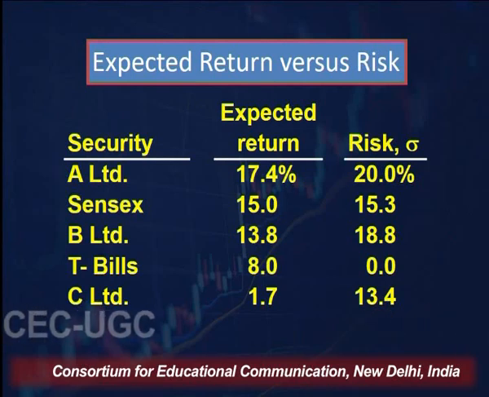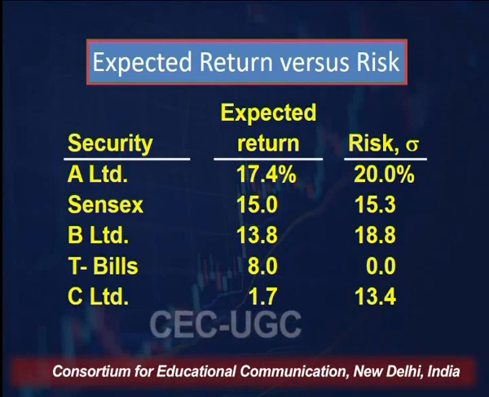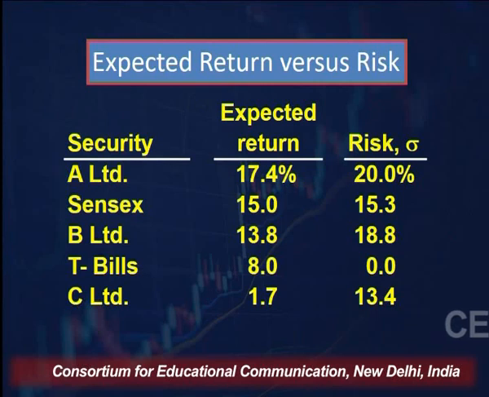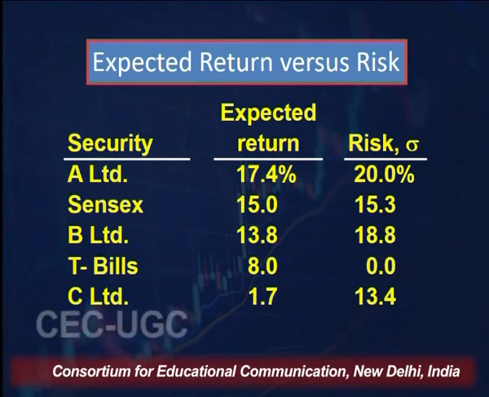But the same thing is not applicable to the risk calculation. And here comes the importance of creating a portfolio. Here in this case, the risk of A is 20 and the risk of C is 13.4. So as a layman, you may say that obviously when we are investing, the minimum risk we have is 13.4 and the maximum is 20.